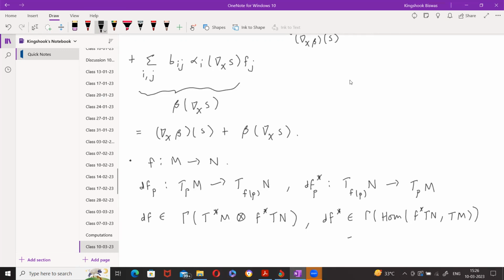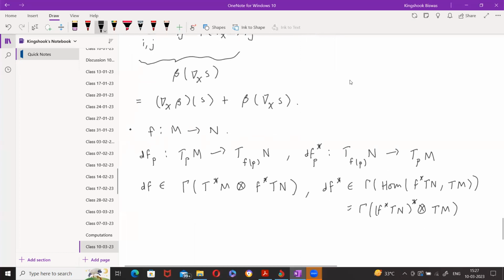Now that is the same as F star of TN dual tensor TM, right? And that is the same as, yeah, so I can leave it like this if you like, or I can further write this as the pullback of T star N, F star of T star N, tensor TM.